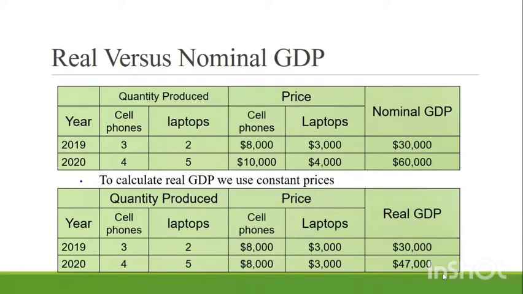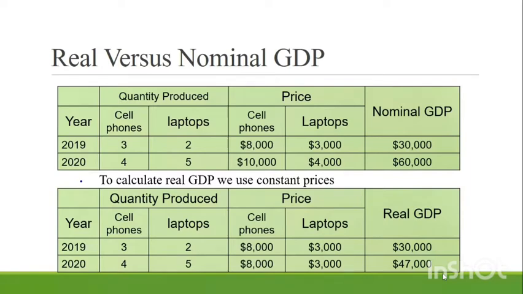Now suppose in the next year, which is 2020, the production of cell phones increases to 4 units and the production of laptops increases to 5 units. And because it's after one year, the price of a cell phone, which was 8,000 in 2019, has increased to 10,000, and the price of a laptop, which was 3,000 in 2019, has spiked to $4,000 in 2020.